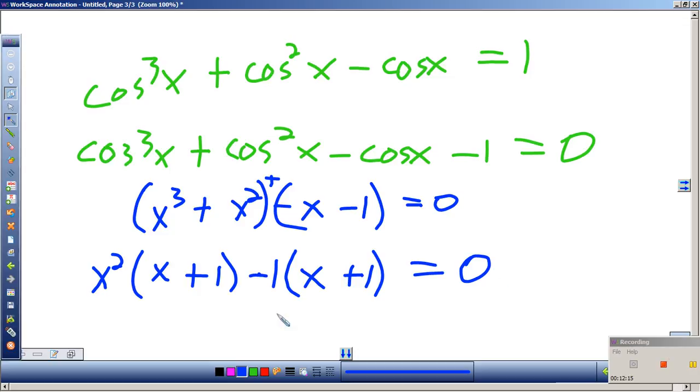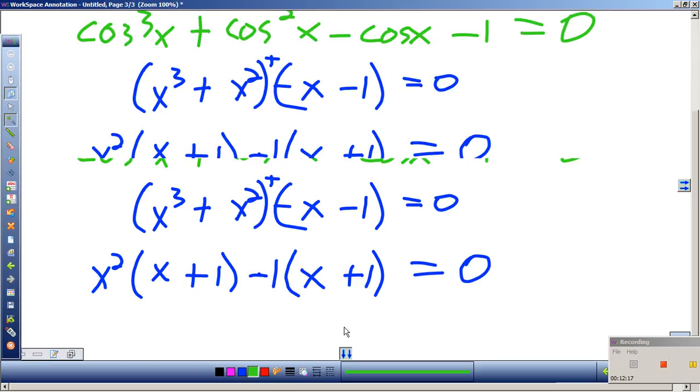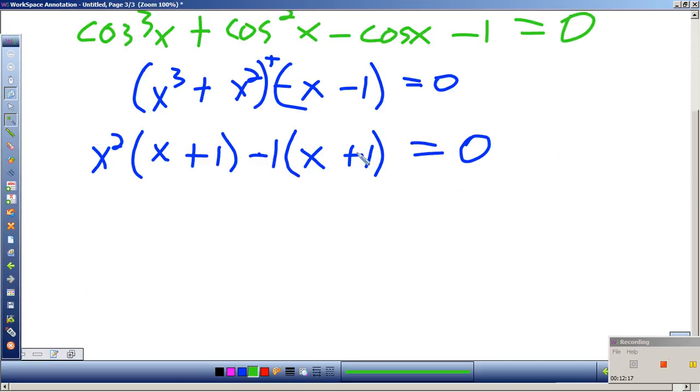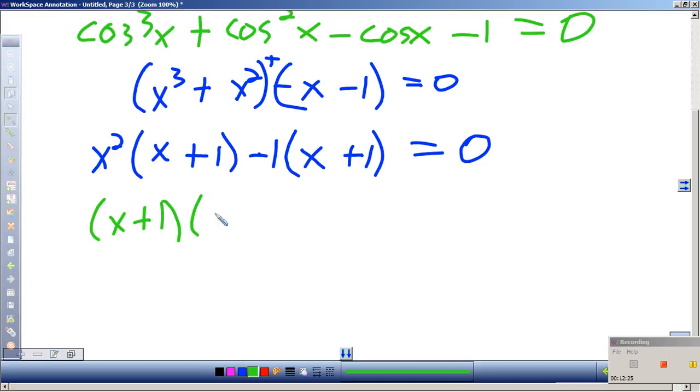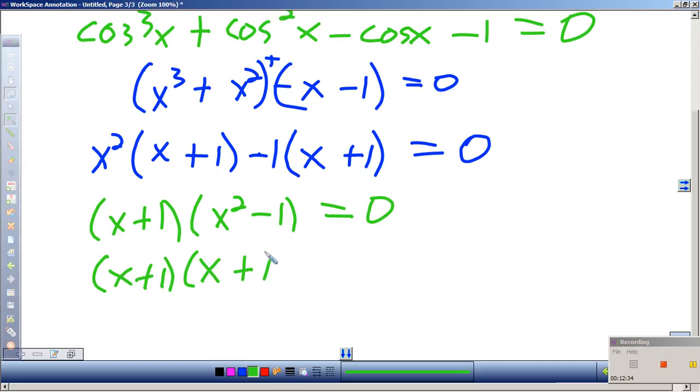Now, factor out what's common in the 2 parts. X plus 1, which leaves us x squared minus 1 equals 0. And let's finish factoring this. X plus 1, x plus 1, x minus 1.